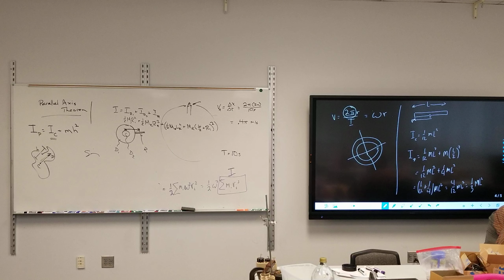You can take a look at this to see if I got it right. Yeah, so if it were rotating about that point right there, that would be the formula. Okay.